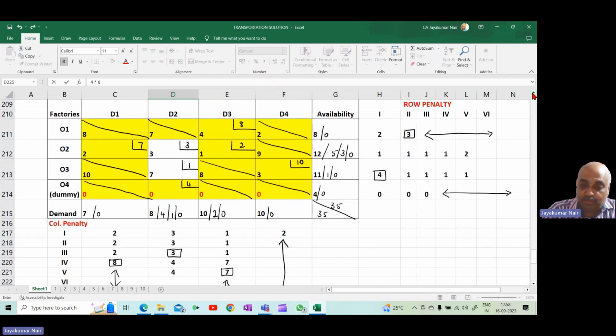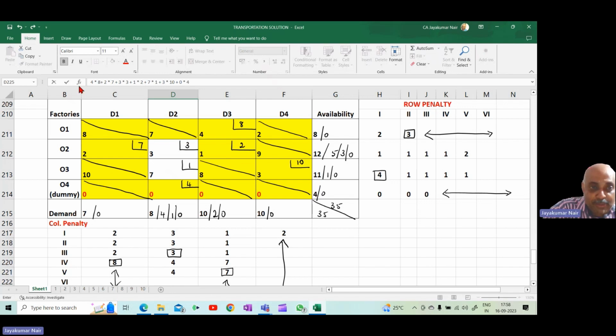4 into 8 plus 2 into 7 plus 3 into 3 plus 1 into 2 plus 7 into 1 plus 3 into 10 plus 0 into 4.